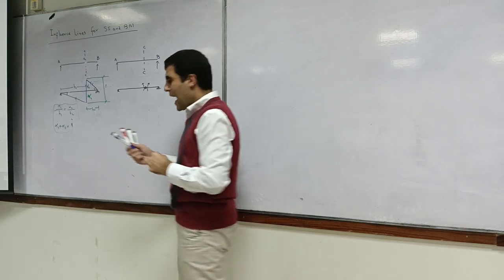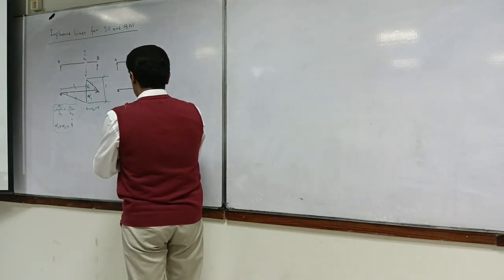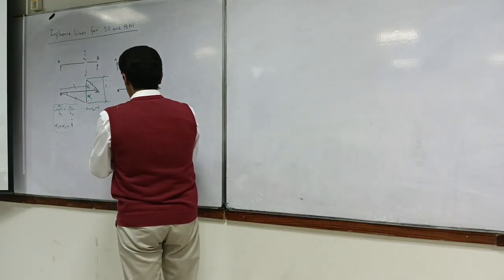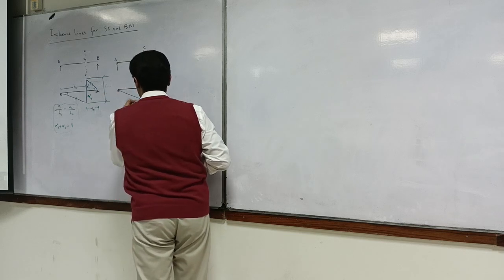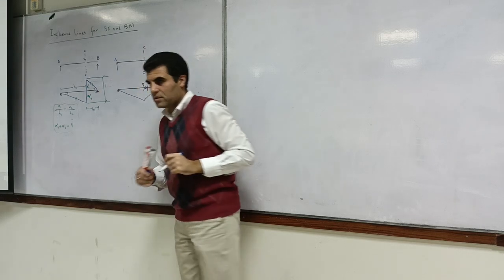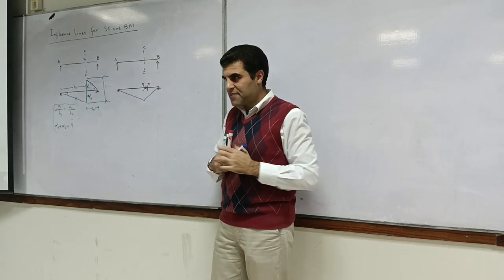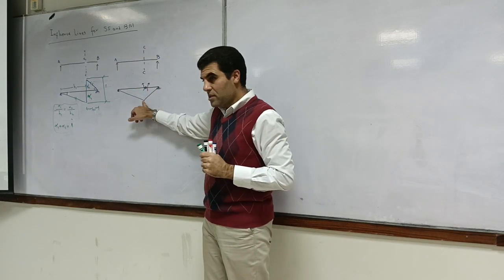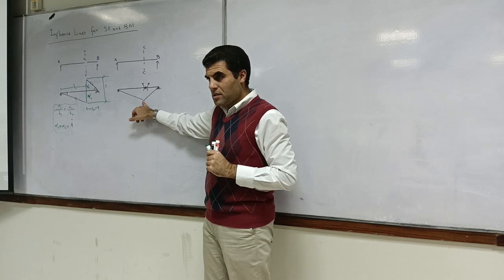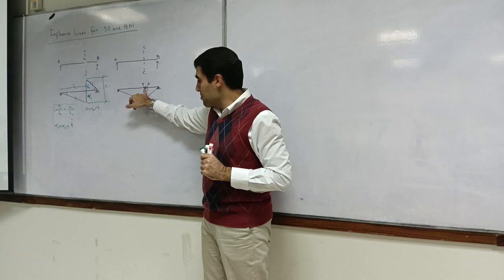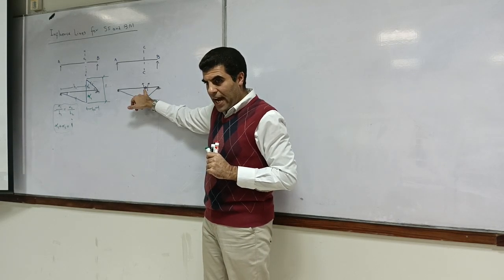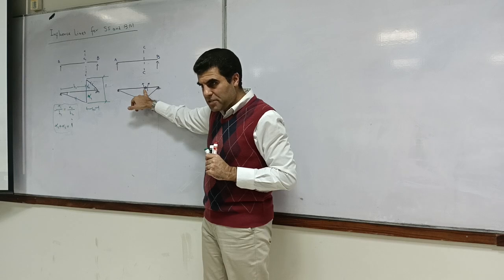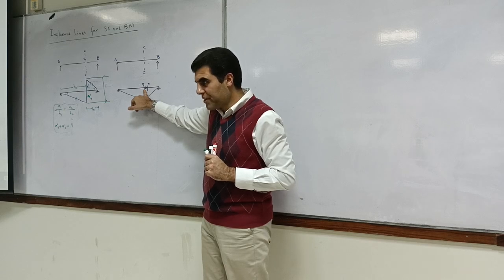Agreed? So I am assuming that my positive is in this direction. We would have something like this. If I put my internal hinge over here, I then apply unit displacement in my assumed positive direction.